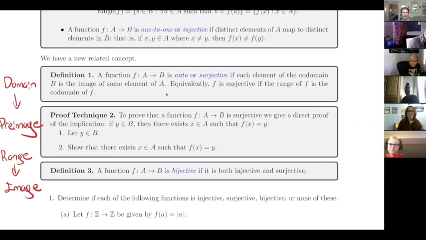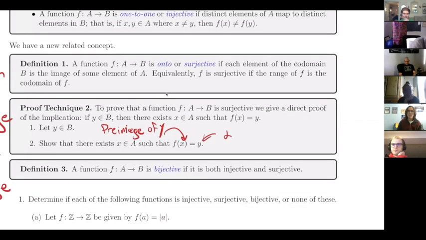So the proof technique here is what we'd like to show is for every element in the codomain B, there exists some element in A that is mapped to that element in B. So in this case, that would be called the pre-image. Or we can call y the image of x. So that's how we could use that terminology.